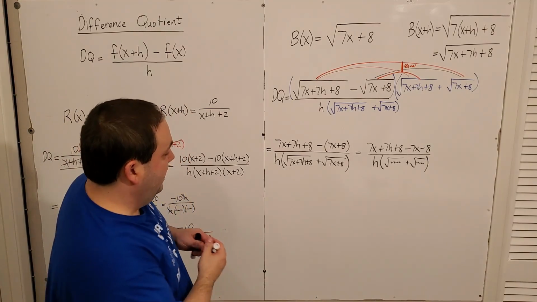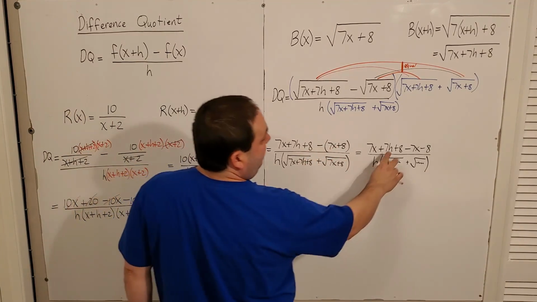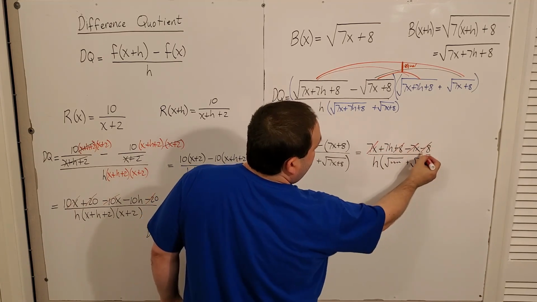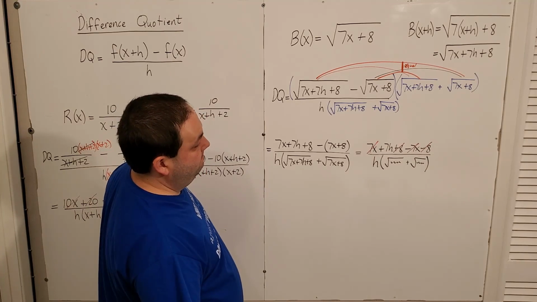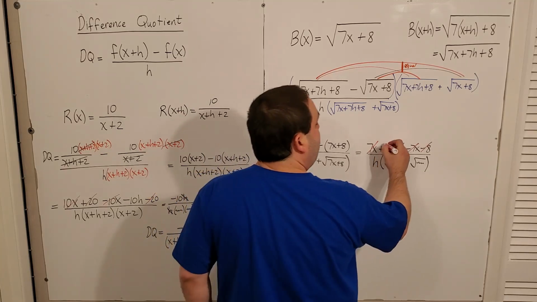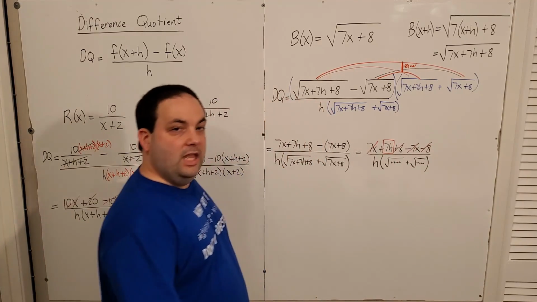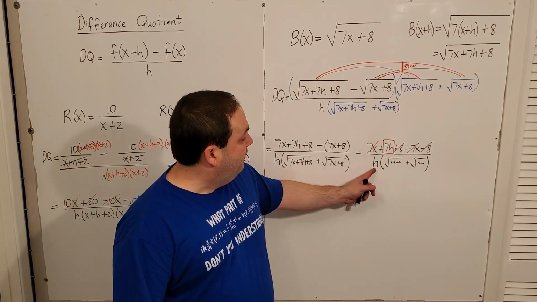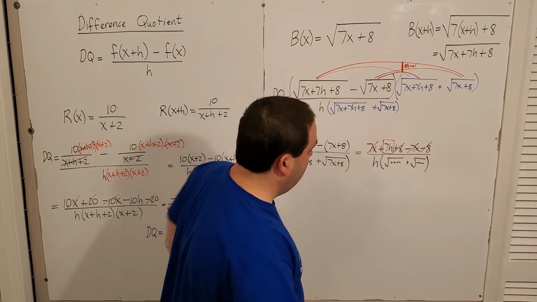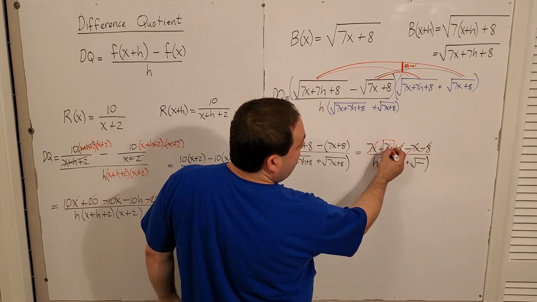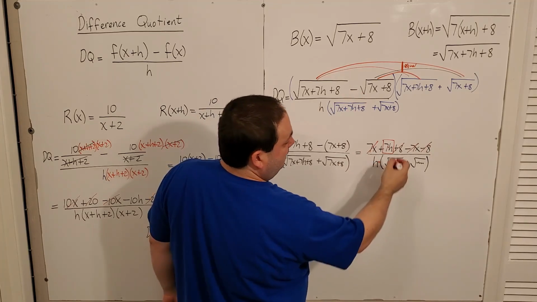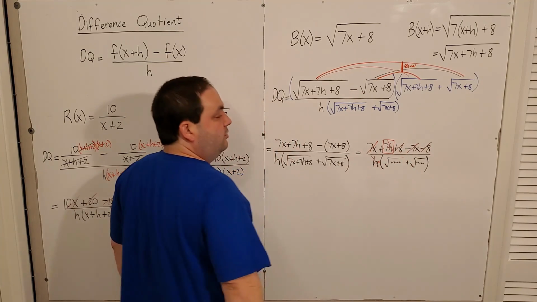In the numerator, I distributed this negative, and that gives me that wipeout: 7x minus 7x, plus 8 minus 8. All I'm left with in the numerator is 7h. That's the only thing left. In the denominator I have h times this big chunk, and the chunk doesn't matter right now. What matters is I have times h here and times h here, so h over h gives me 1 again.